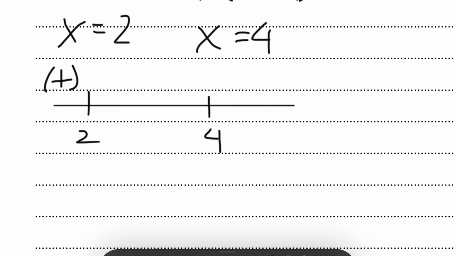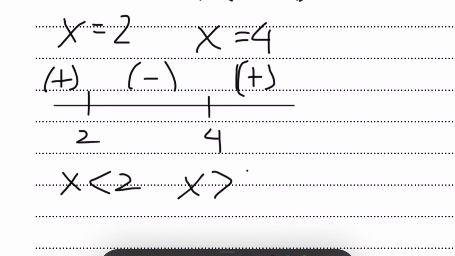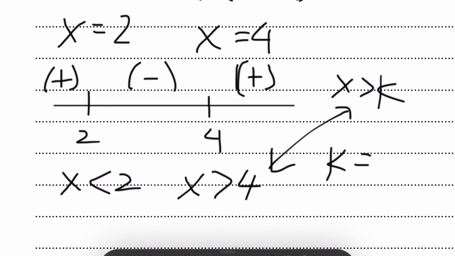That is negative, so negative in the middle, and I know that this is a positive number. Inequalities are x is smaller than 2 and x is larger than 4, because you need a positive number in order for it to be increasing. Since I'm looking for x is larger than k, k is 4 because both signs are the same.